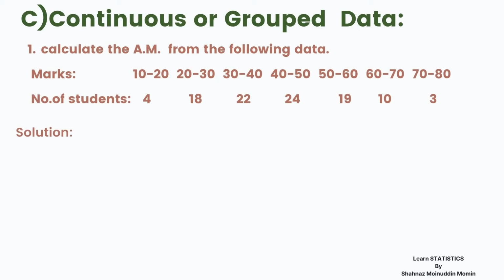In this example, the formula for mean is x bar equal to summation f into mi divided by n, where m is midpoint of the class. We have learned it.